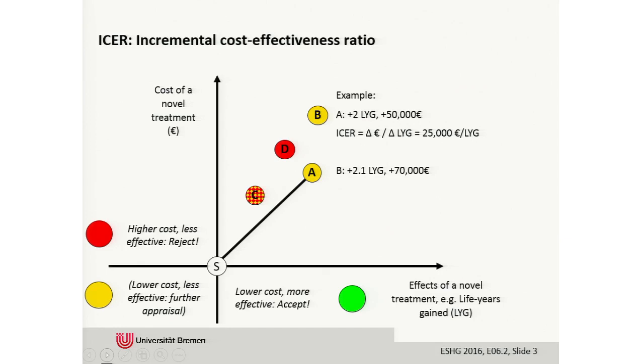So when you do the cost effectiveness analysis of option B here, you would not divide the 70,000 euros by the 2.1 life years gained, but you would look at the increment. So you look at the additional cost, which is 70,000 minus 50,000, and the additional health effects, which is 2.1 minus 2. So you arrive at 200,000 euros per life year gained.